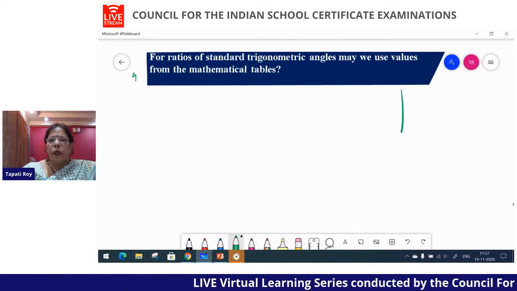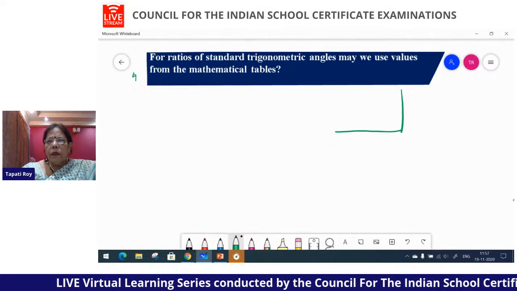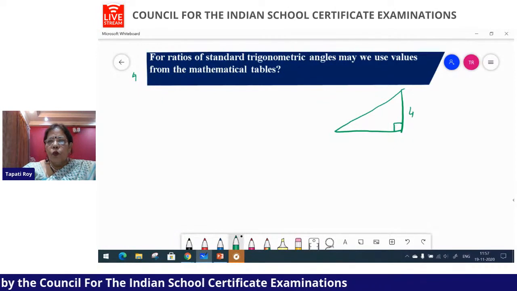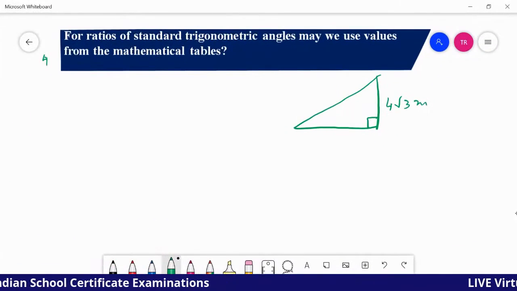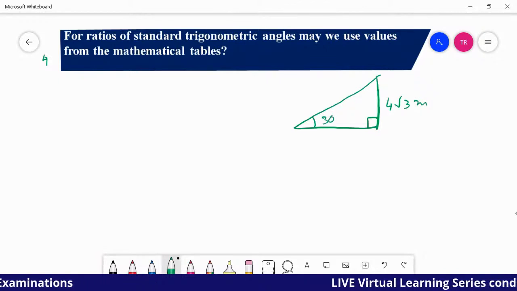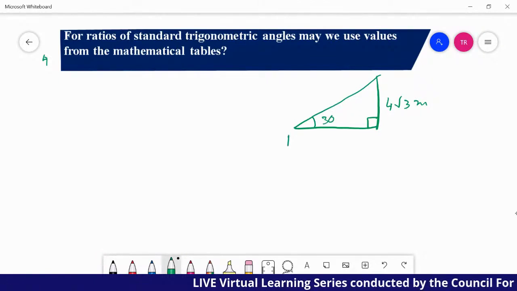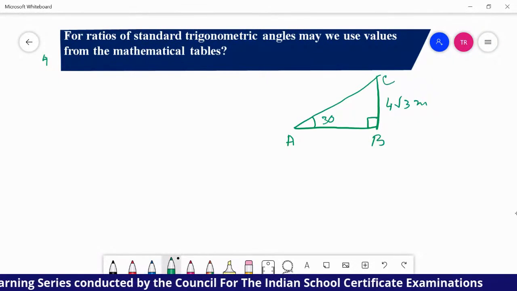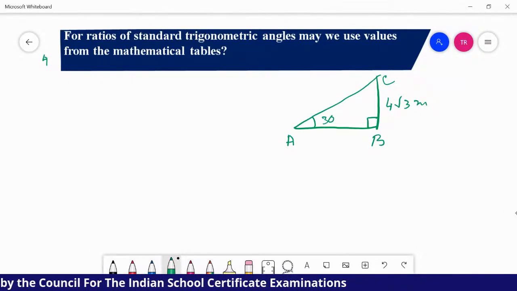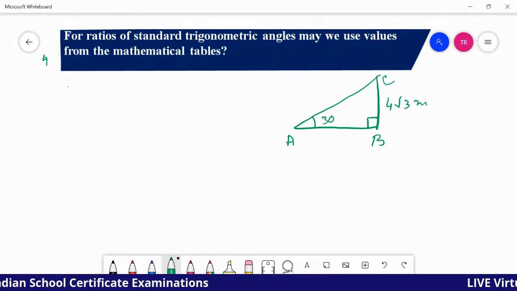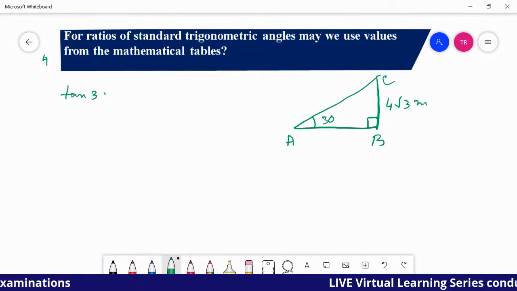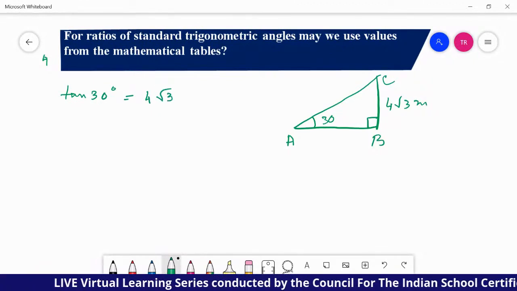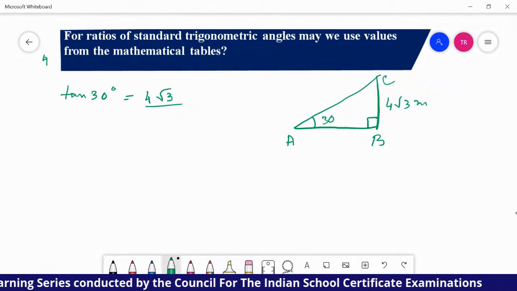Suppose I've got a right angle triangle, and suppose this is 4 root 3 meters, just at random as an example. This is 30 degrees, and I've named it ABC. We want to find the length AB. So I'm using tan 30 degrees equals 4 root 3, perpendicular over base AB.